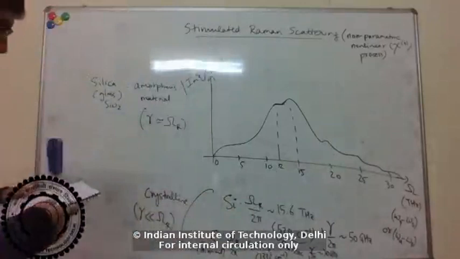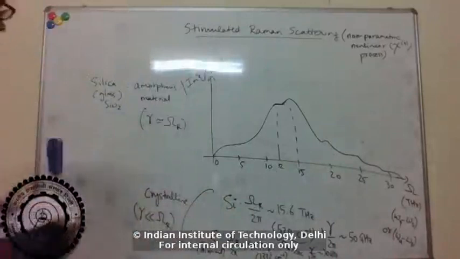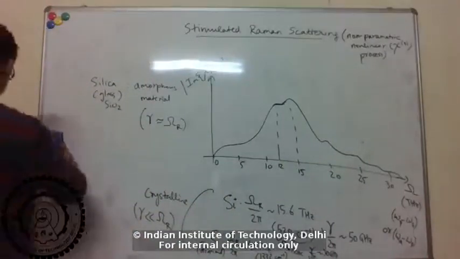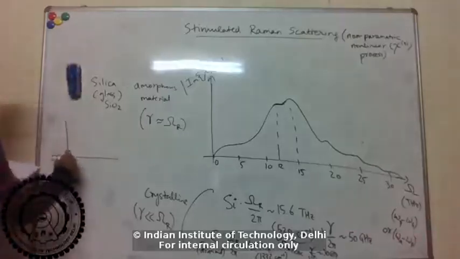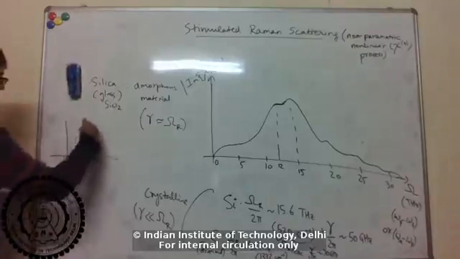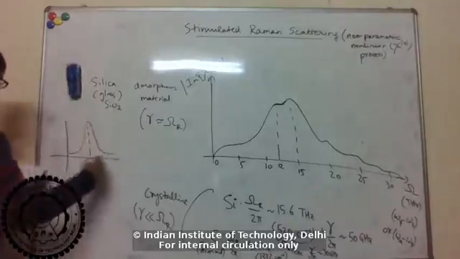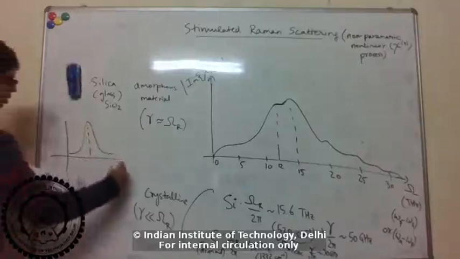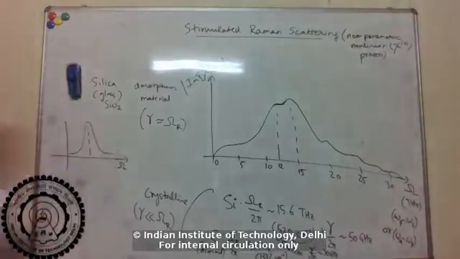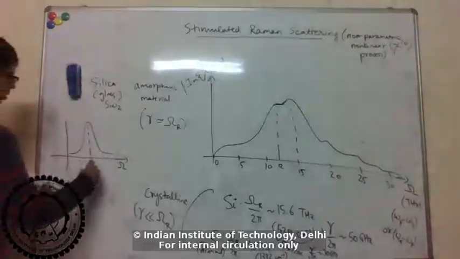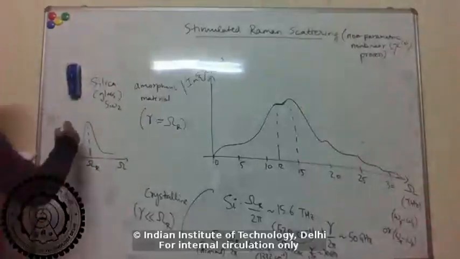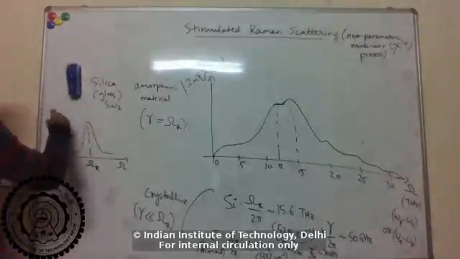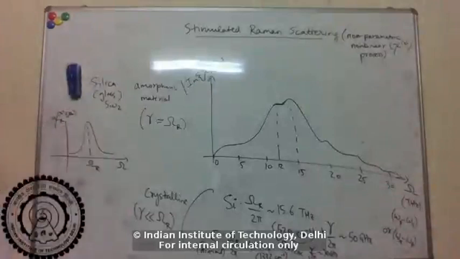Okay, so to explicitly tell you, if you have a Lorentzian shaped peak in the frequency domain, this is chi 3 Raman of omega, it looks like that.